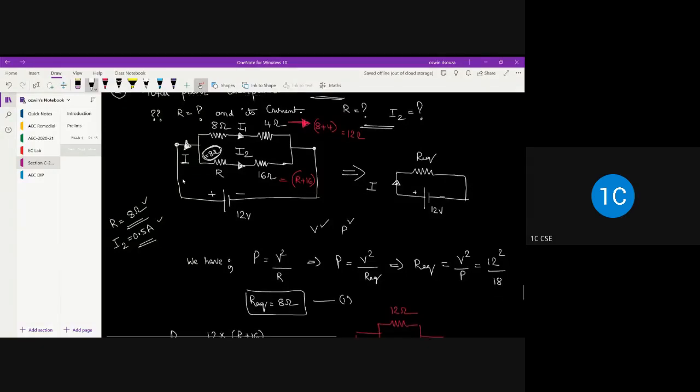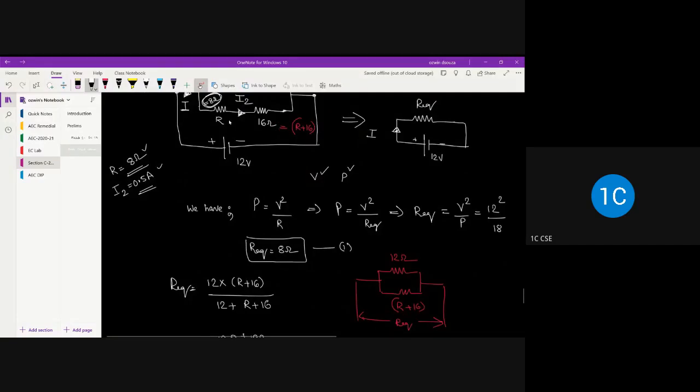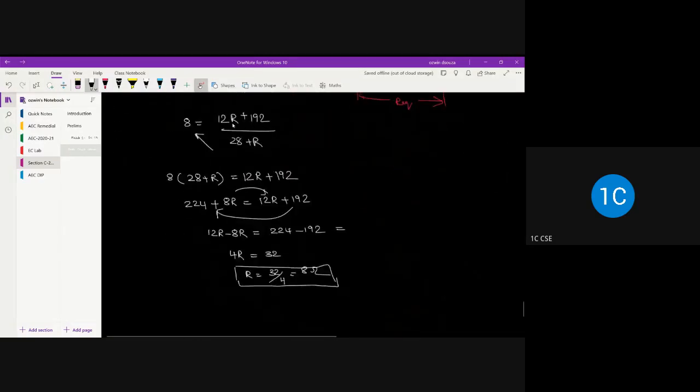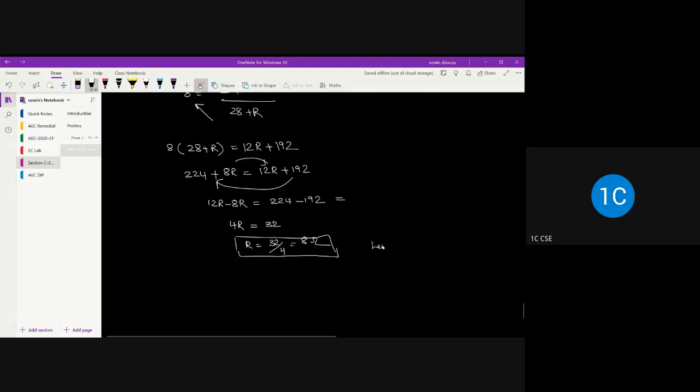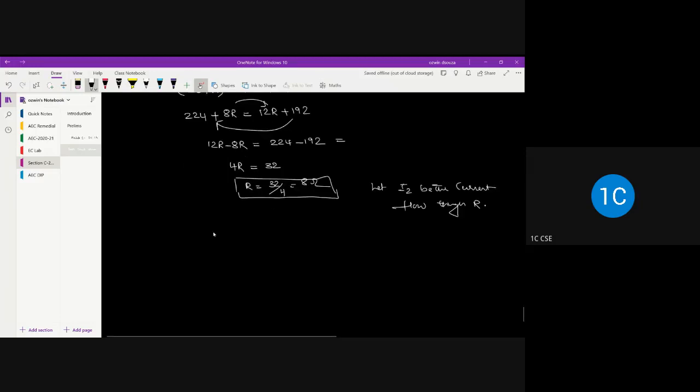Now in the end, you need to find out the current flow through R. Let I2 be the current flow through R. What you can do is construct the equivalent circuit.